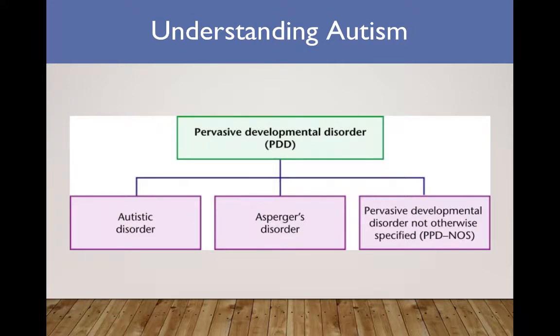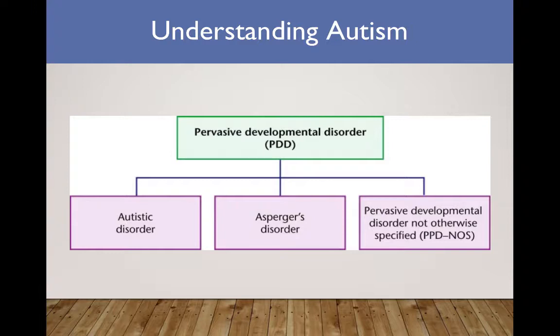So understanding the umbrella, we refer to it as the umbrella of autism, and sometimes you'll see actual umbrella symbols on cars and on T-shirts. But the umbrella of autism, again, it's a developmental disorder. So it happens in a child's developmental years.